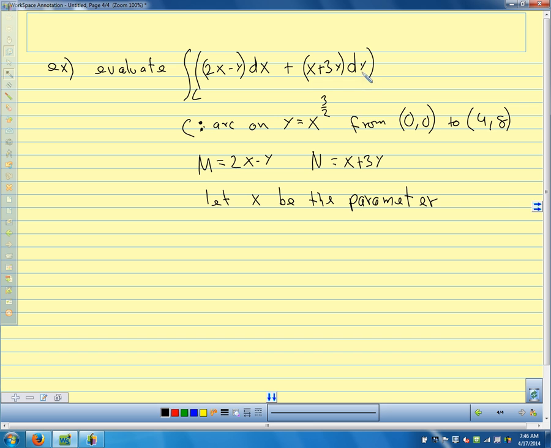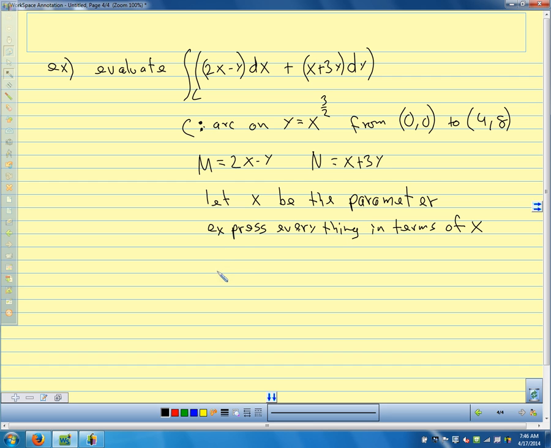So what we need to do when we evaluate these line integrals in differential form, if x is our parameter, we're going to express everything here in terms of x. We could let t be our parameter, and then y would be t to the 3/2 and express all of this in terms of t. Same thing. But since we already have this relationship, we'll just express everything in terms of x.